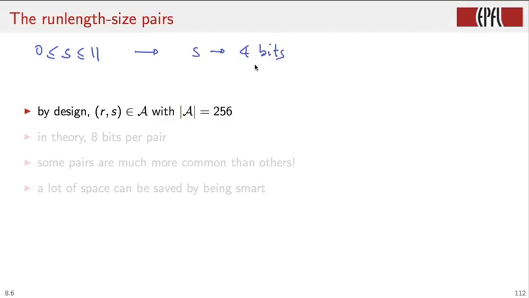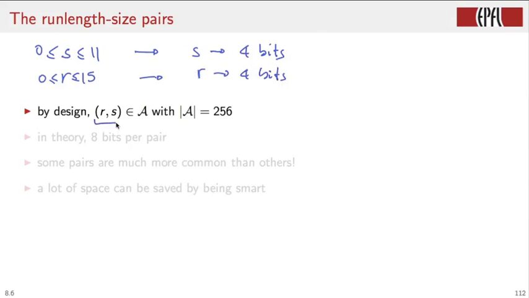And similarly, by design, the maximum run length is 15. So R will be between 0 and 15. In the rare case of a longer run, we simply split that run into 2 or more shorter runs. So that means that R, again, can be encoded over 4 bits.